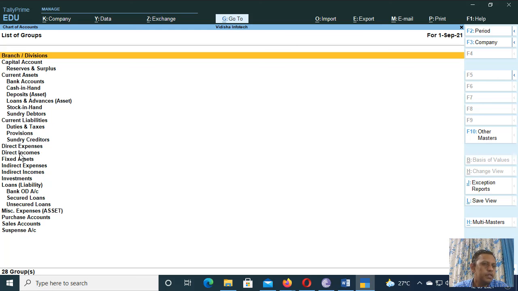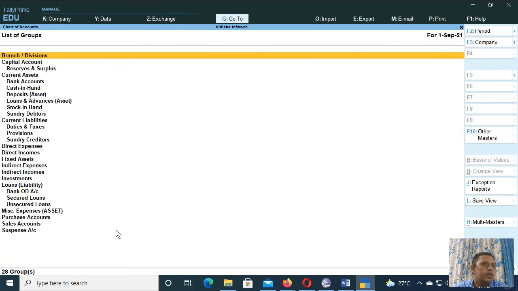Then direct expenses, direct incomes, fixed assets, indirect expenses, indirect incomes, then investments, loans and liabilities, bank overdraft accounts, then secured loans, unsecured loans, miscellaneous expenses, then purchases, sales, and suspense account.